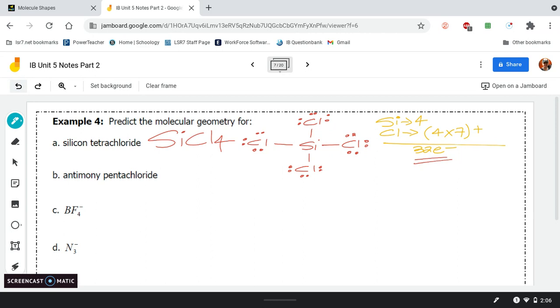So we say, okay, we've got an A, there's the silicon. We've got 4 attachments, those are the chlorines, 4 X's. And there are no lone pairs on the central atom. Remember, it's only lone pairs here that matter. These don't matter for E's. So it's an AX4E0, and that is tetrahedral. So tetra for 4.